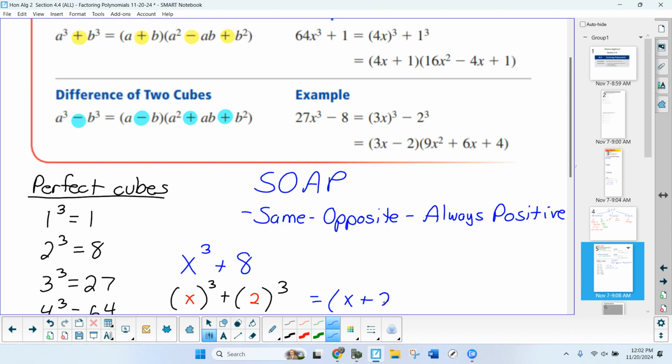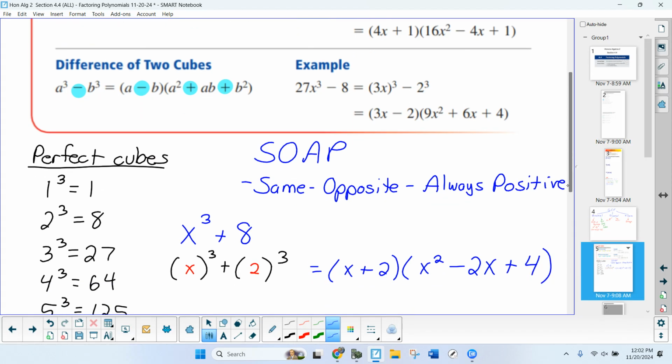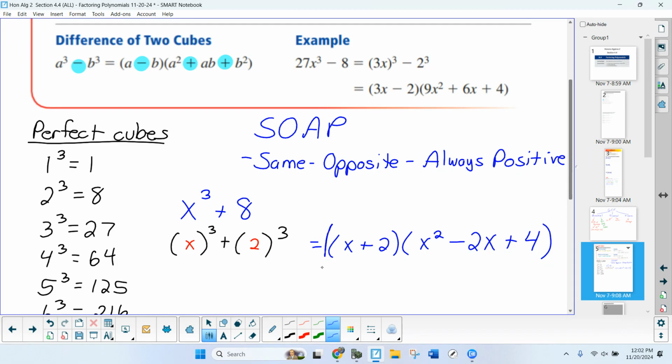Same sign, since this is positive. Now you square a, so I square x, and I get x squared. Now the opposite sign. Multiply them together. What's 2 times x? 2x. Always positive. Square 2. What's 2 squared? 4. This trinomial will not be factorable. There is nothing that multiplies to give you 4 that adds to give you -2. You're done.